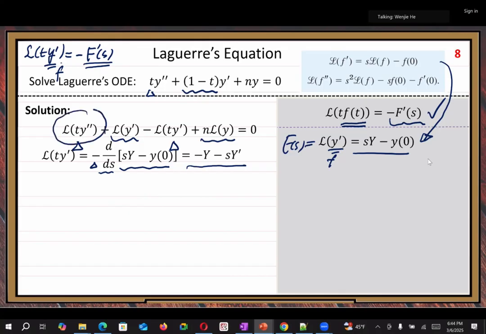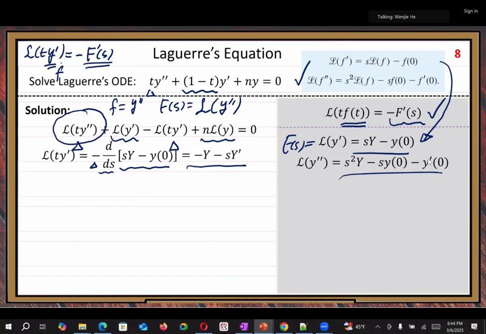For the second term, this time we make f equal y double prime. Then capital F equals the Laplace transform of y double prime. Then we apply the second formula. Now you know this capital F, the whole thing, you take the derivative with respect to s, then a negative sign.